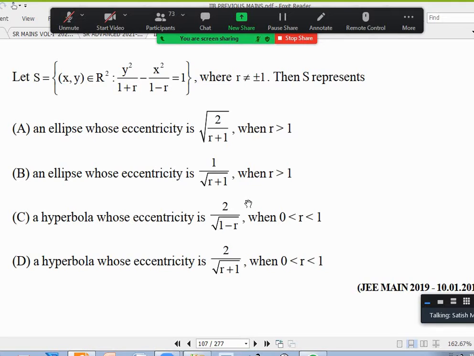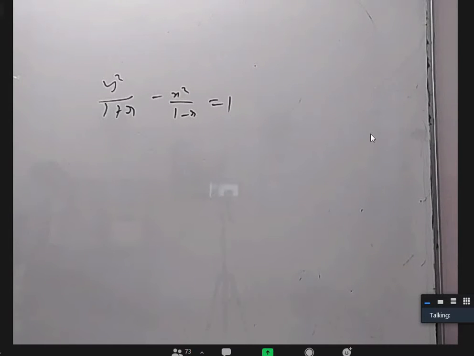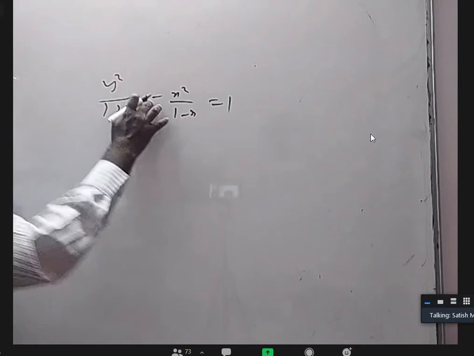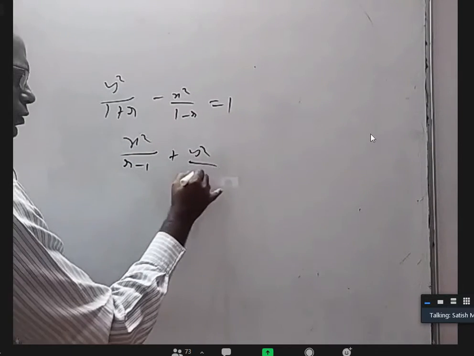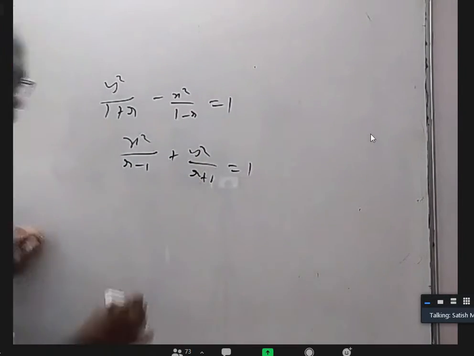The equation is y square by 1 plus r minus x square by 1 minus r equal to 1. Let me take the minus here. I'll get x square by r minus 1 plus y square by r plus 1 equal to 1.